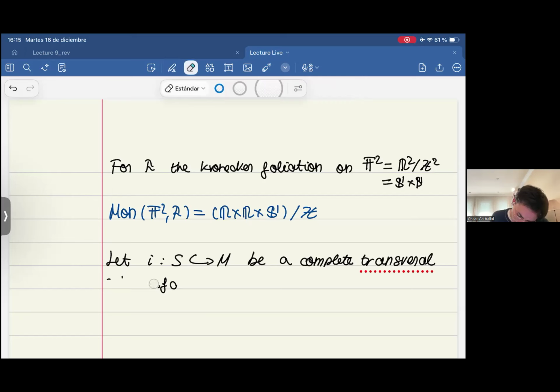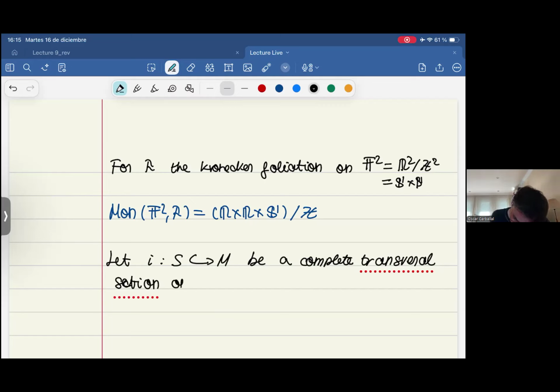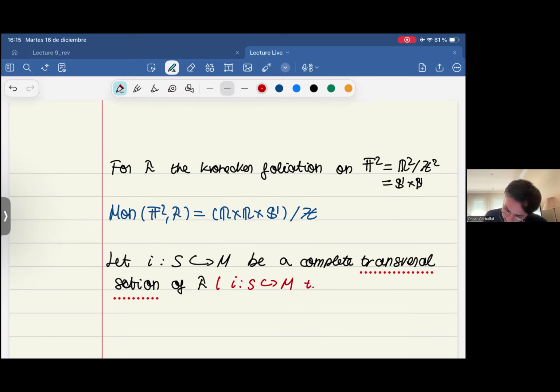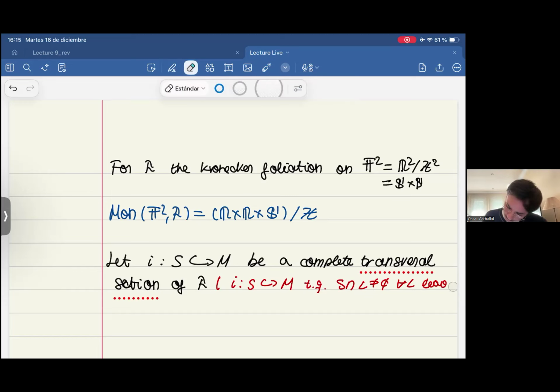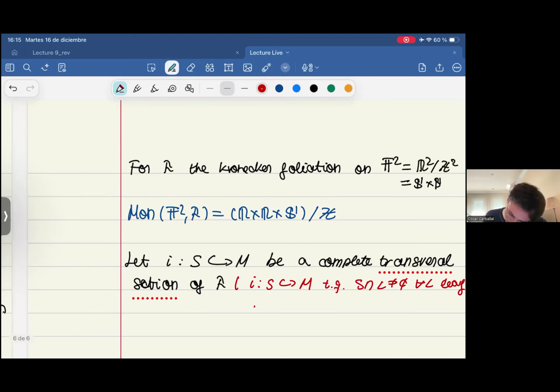The precise definition is a submanifold of M intersecting every leaf non-trivially in at least one point, for every leaf, and such that the dimension of S equals the codimension of the foliation, right?